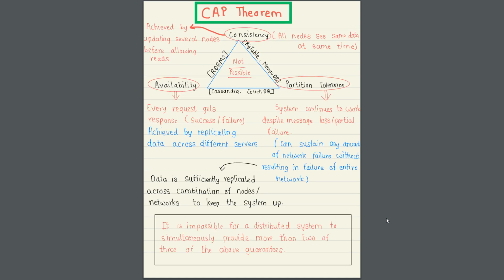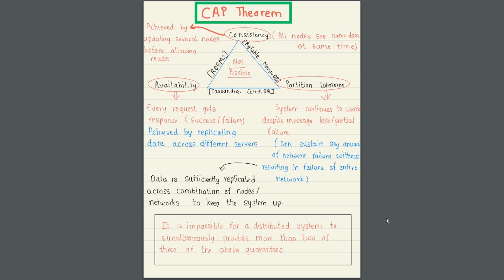Then the third thing we have to consider is the CAP theorem. So what is the CAP theorem? When to use the CAP theorem while we are designing the application system design? CAP theorem means consistency, availability, and partition tolerance. These three parts are considered in the CAP theorem, and we have to take care of them.